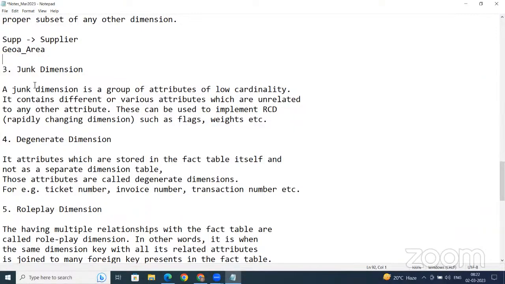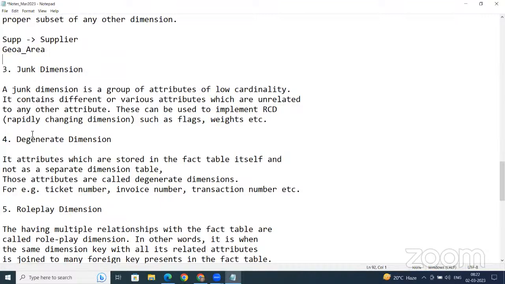A junk dimension is a group of attributes at the lowest level of cardinality. It contains different and various attributes which are unrelated to other attributes. So there is no relation among the other attributes. That type of dimension we call a junk dimension: flag values and weights, with which we are not going to establish any relationship.